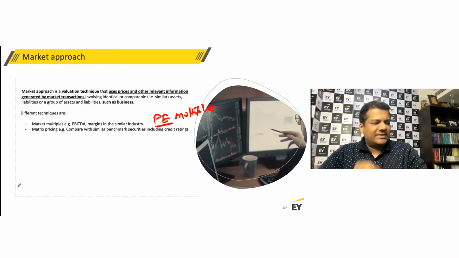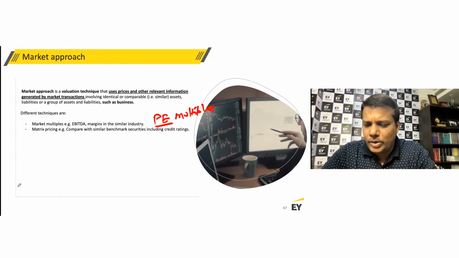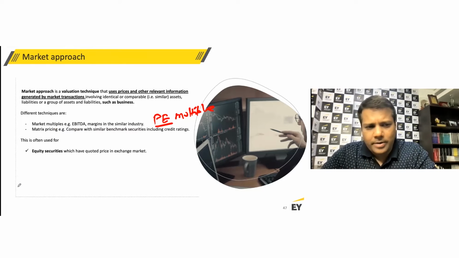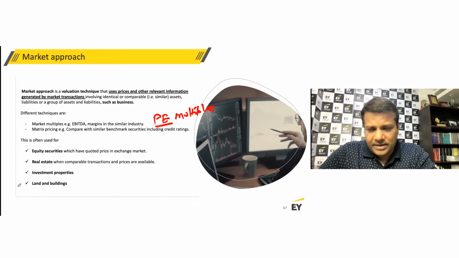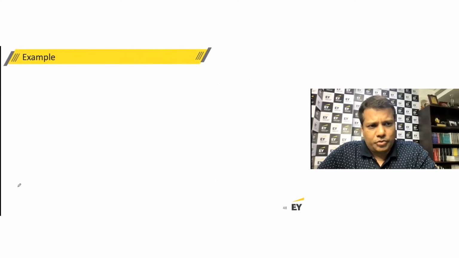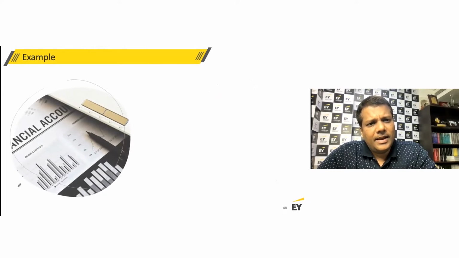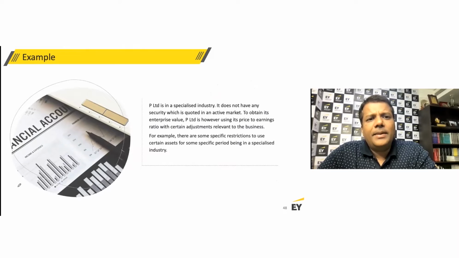So compare with similar benchmark securities, including credit ratings, often used for equity securities which have a quoted price, real estate, when comparable transactions and prices are available, investment properties, land and buildings. The multiples of such assets are valued using the market approach. Example: P Limited is in a specialized industry.